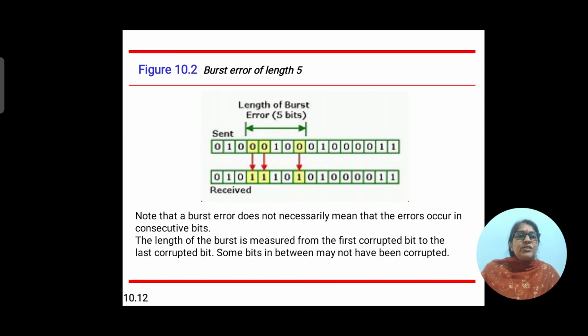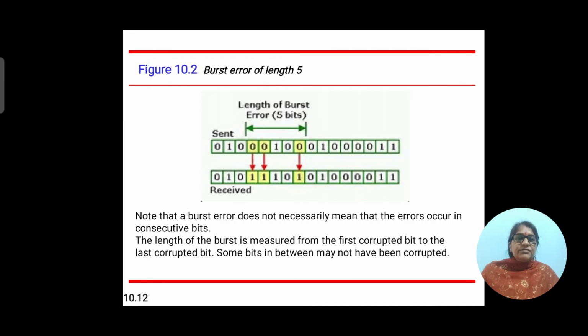Let's see this slide, in which we have the figure of the sender and the receiver. Note that the length of the burst error, that is 5 bits, does not necessarily mean that the errors occur in consecutive bits.